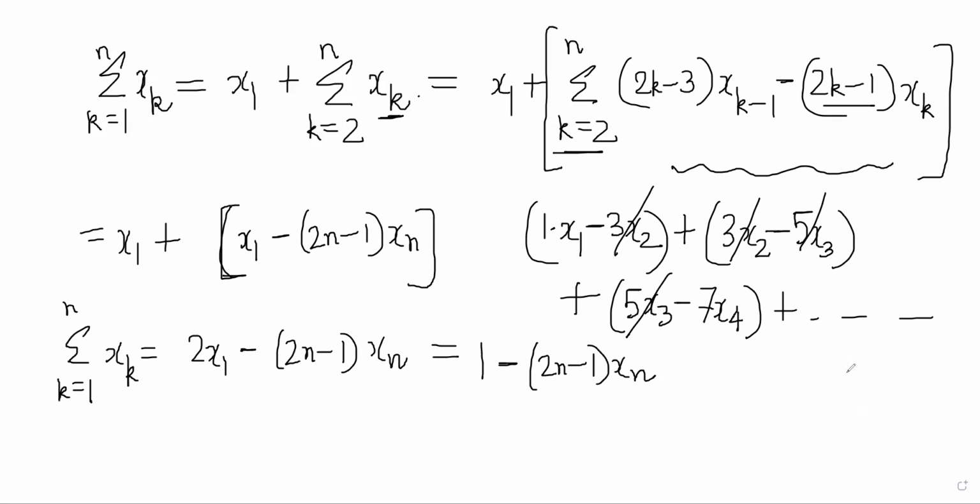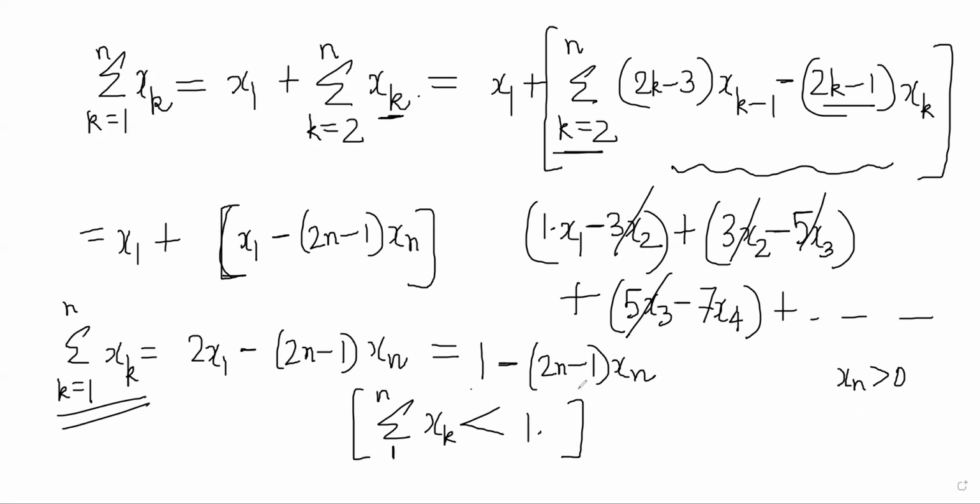And since xn is greater than 0, we are getting that summation xk from 1 to n is less than 1. This summation is coming 1 minus something, no? And this something is positive. So therefore, we have proved that the summation of the first n terms of this sequence is less than 1, right? Okay, let's look at another problem.